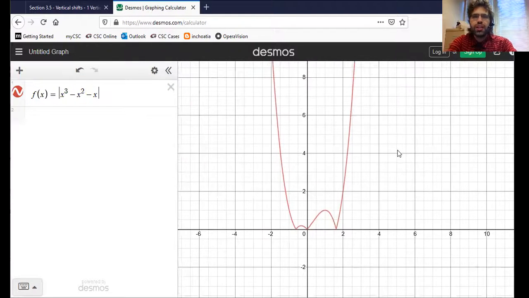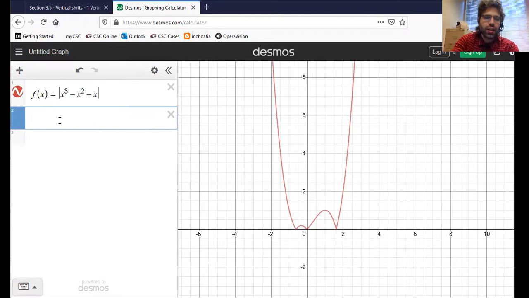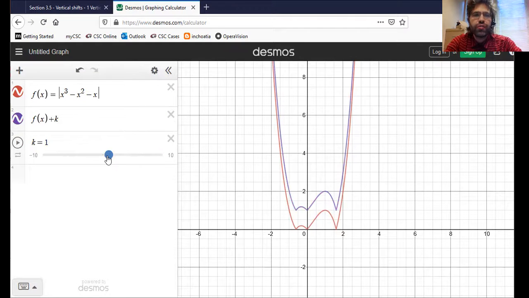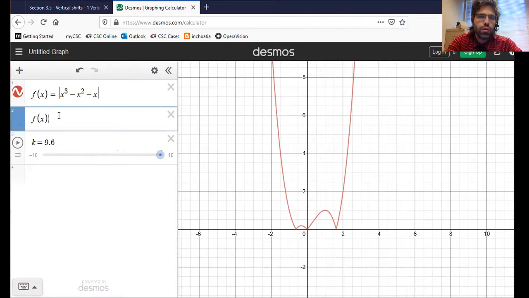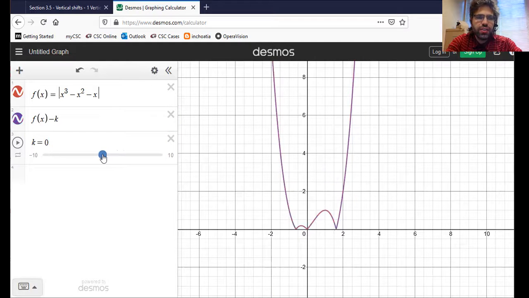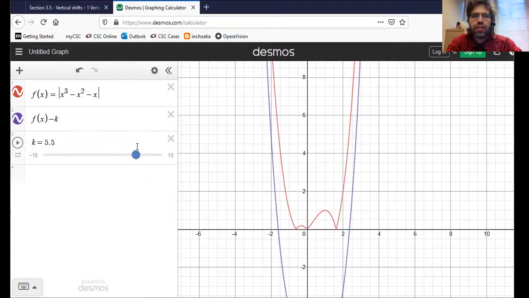This is a pretty gnarly looking graph, but if we want to shift, we can shift it up, f of x plus k, or we can shift it down, f of x minus k.